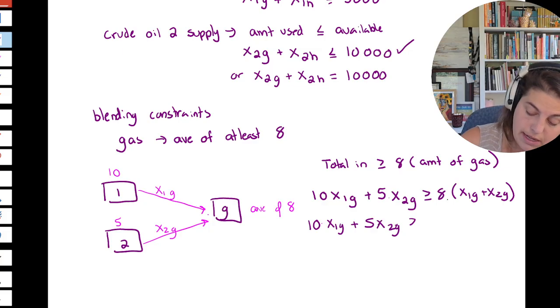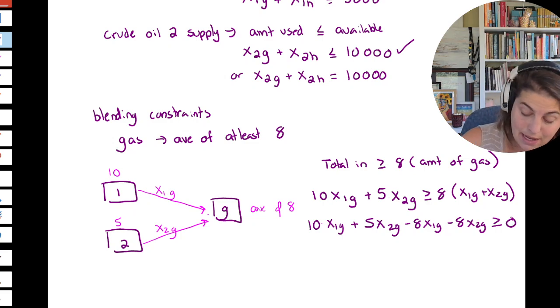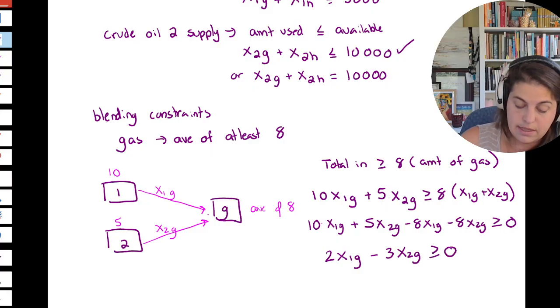I'm just going to expand that 8. Actually, I'll just expand and bring it over. So I'm going to have negative 8x1g, negative 8x2g, greater than or equal to 0. And then when I collect like terms, I'm going to have 2 as the coefficient for x1g minus 3x2g has to be greater than or equal to 0.